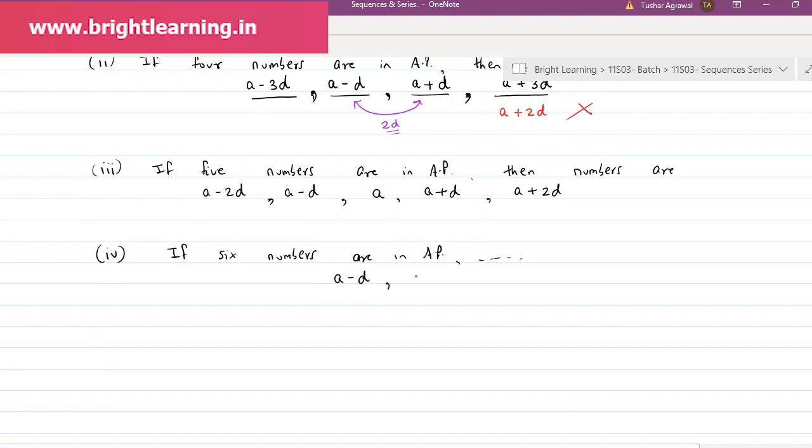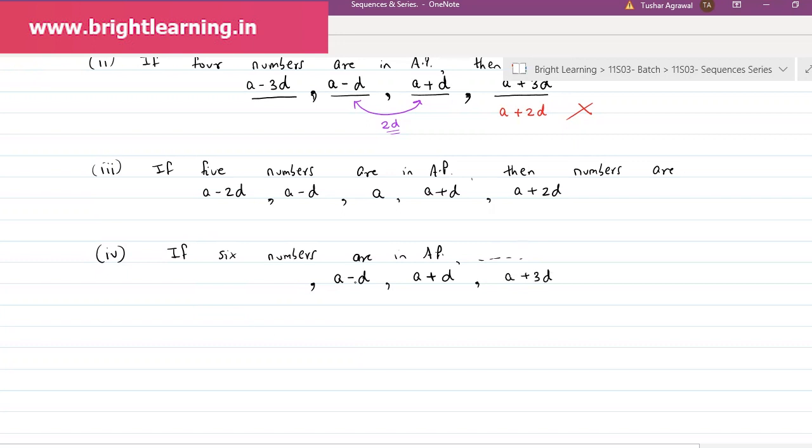A minus D and A plus D. I'm starting from the middle numbers towards the end. As soon as I wrote A minus D and A plus D, the common difference is 2 times D. So I'm bound to write here A plus 3D, not A plus 2D.